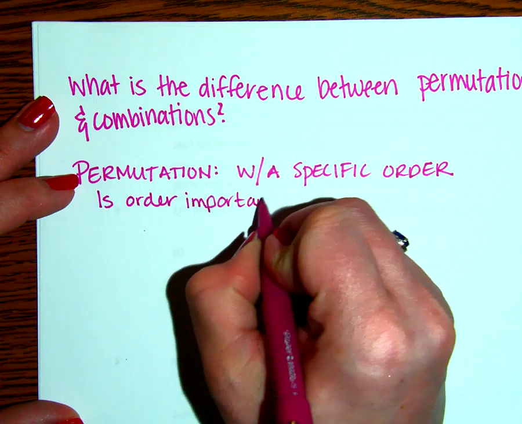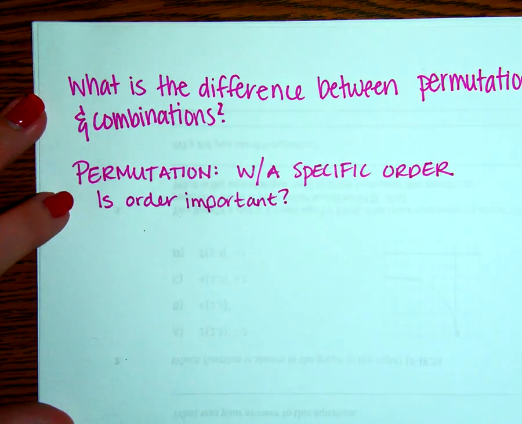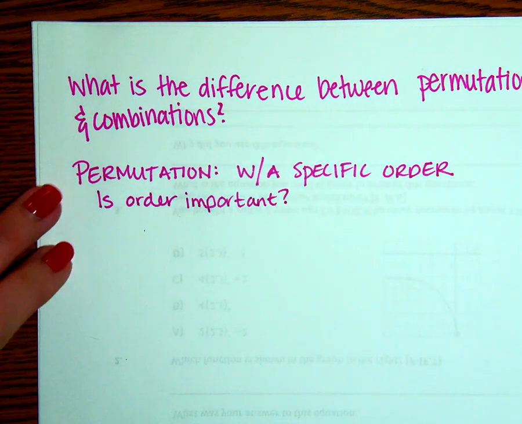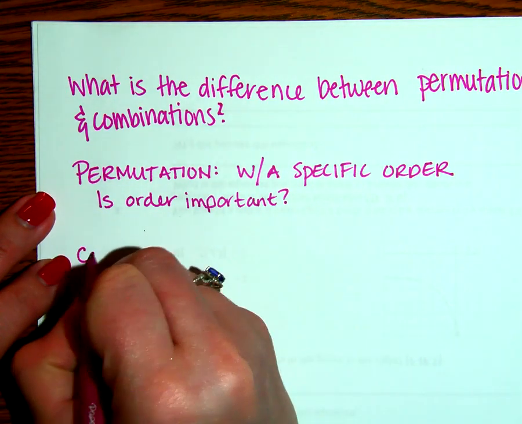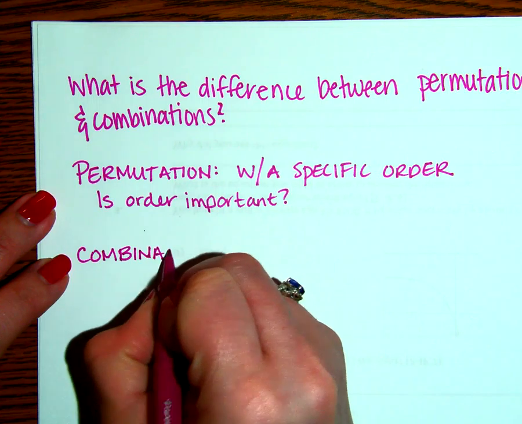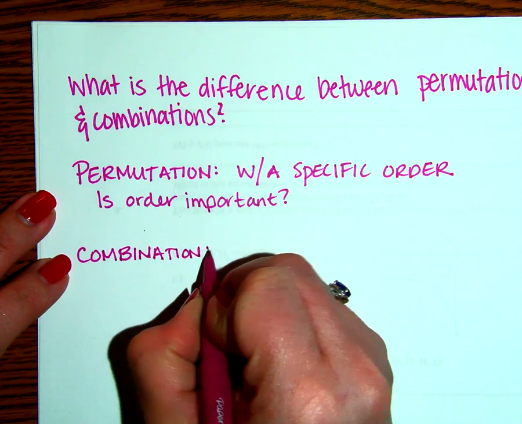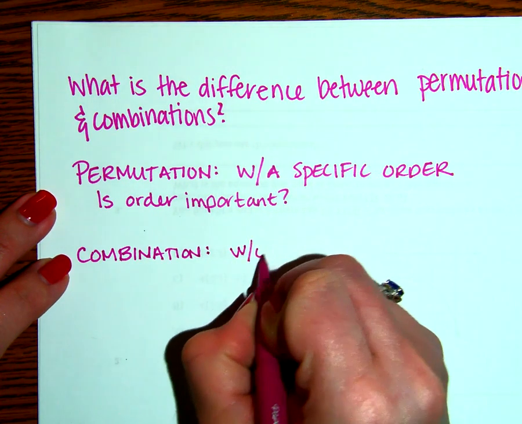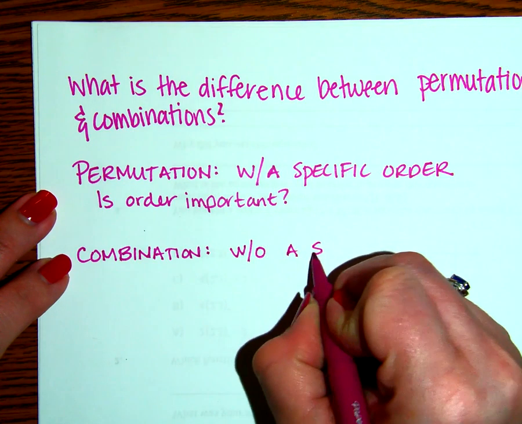And if it is important, then we are looking at a permutation. Combination is without a specific order.